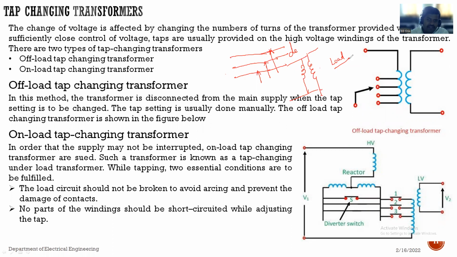See, the primary supply can be provided already. Suppose 230 volt, 10 ampere current will be flowing. I want to change the secondary side voltage. I want to regulate the voltage on the secondary side. What do we want to do?